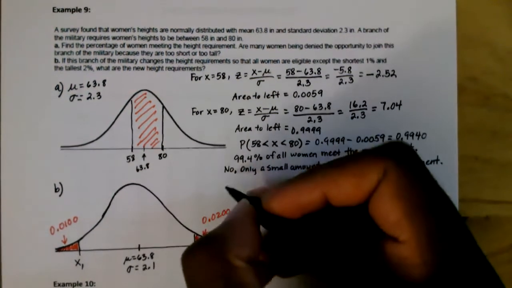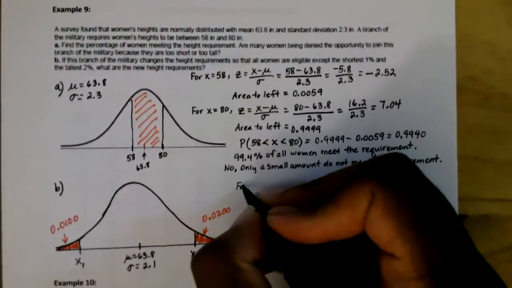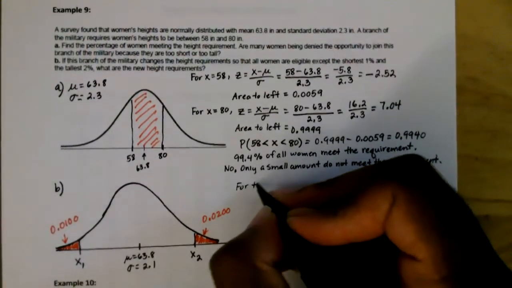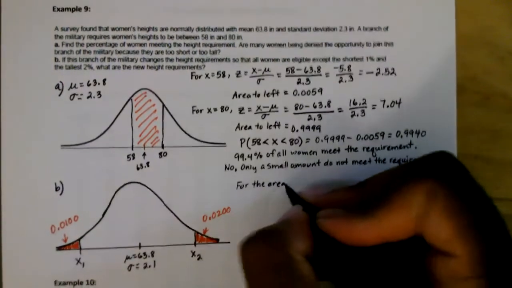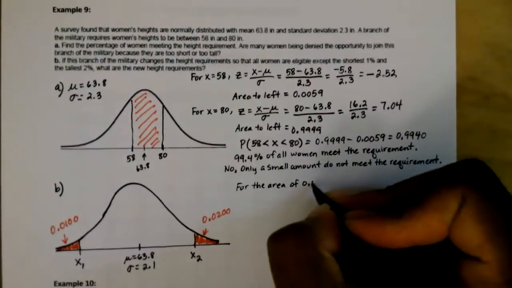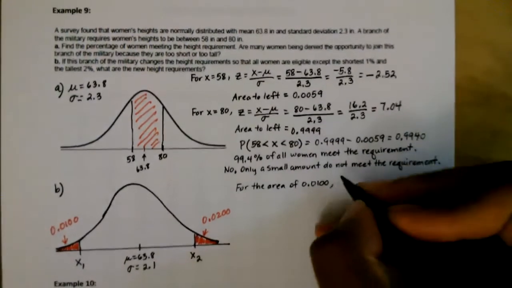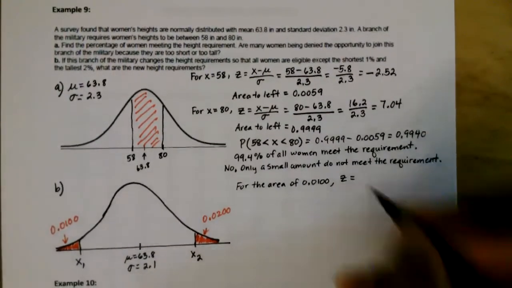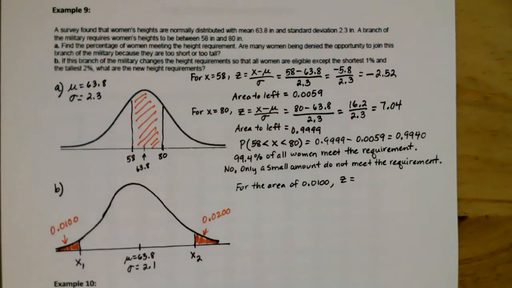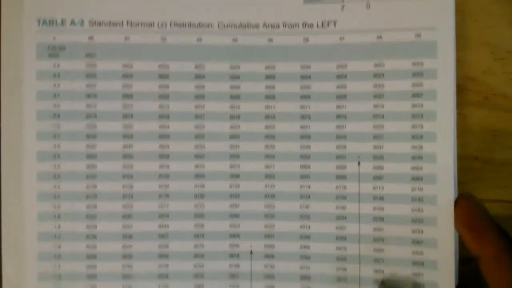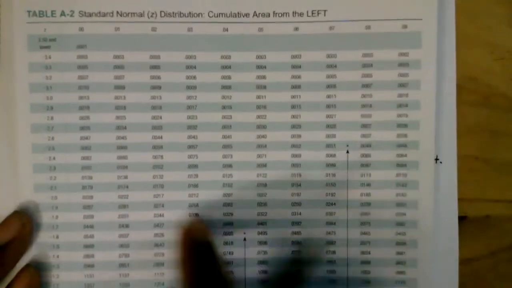Now we're going to find out what X1 and X2 are going to be. Let's start with X1. For the area of 0.0100, we need its corresponding Z value. It's less than 0.5, so we need the negative Z page. We're going to find a decimal value that's close to 0.0100.